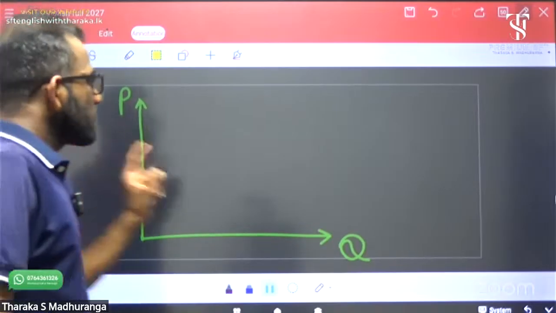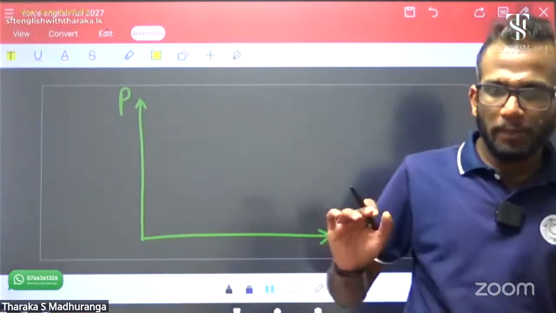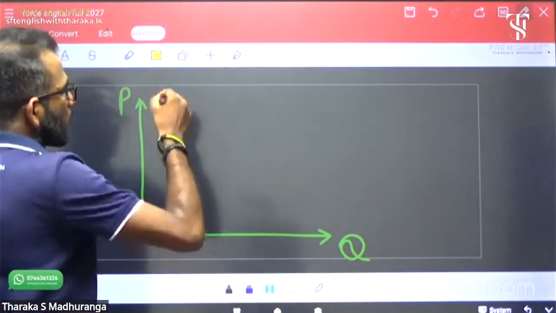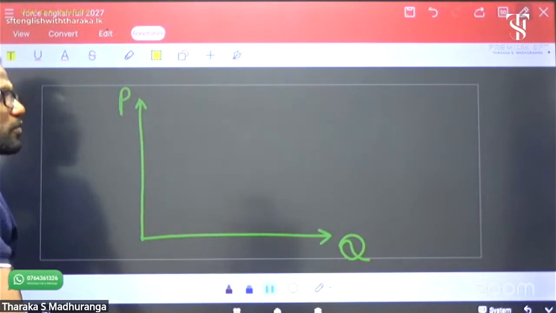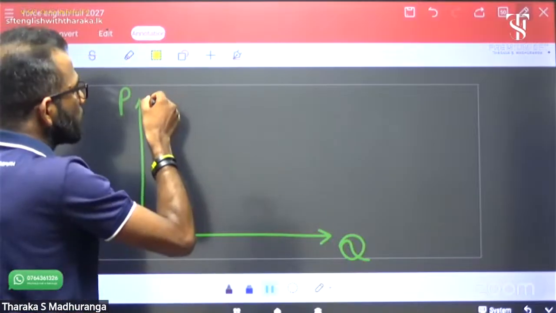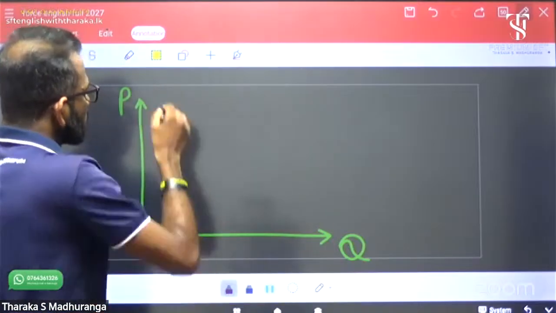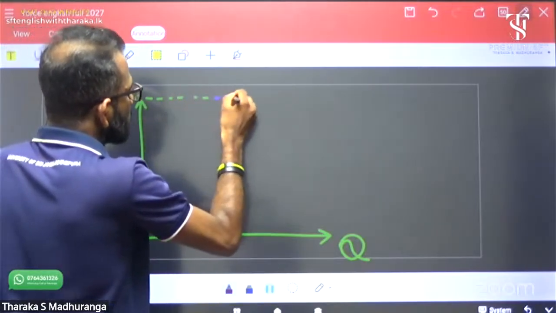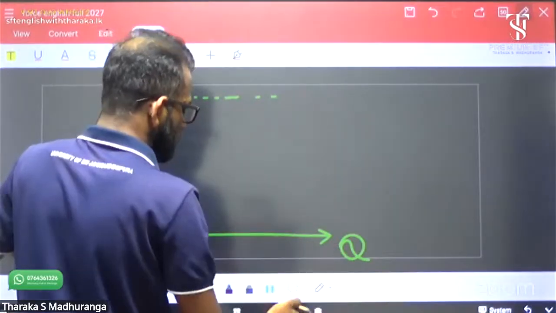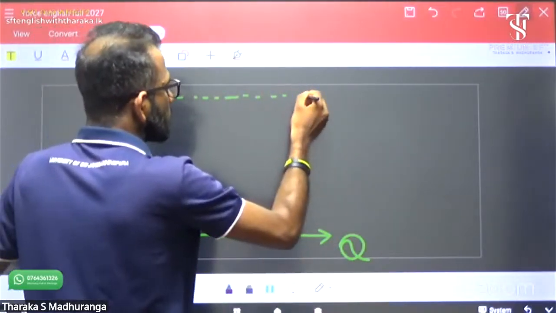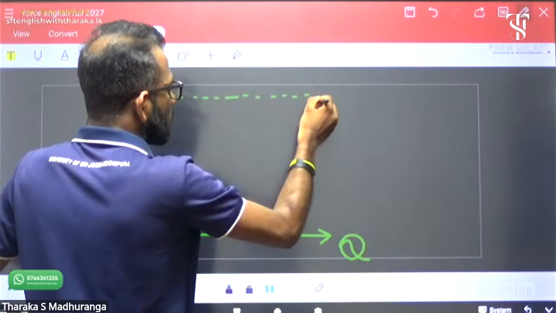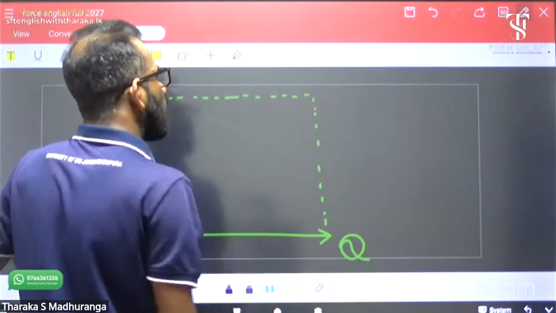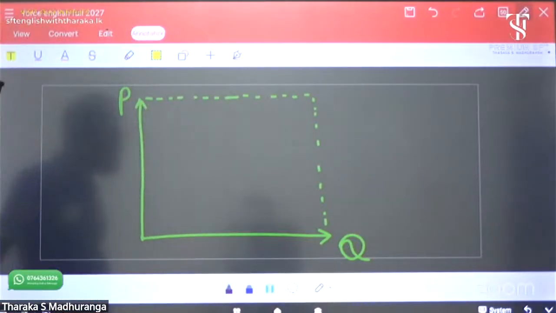Okay, now P and Q, two forces acting along perpendicular directions. Yes, we can use the Pythagoras theorem to calculate the resultant force. Always remember, if two forces are perpendicular to each other, we can complete these two forces as a rectangle.